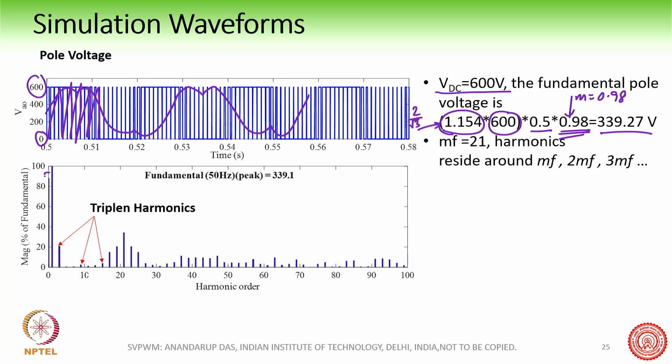Of course you have a DC, because you are switching between 0 and 600, so there is a DC of 300 volts. There is a fundamental, and you see there are triplen harmonics. These triplen harmonics are coming because we have added the common mode voltage, the triplen order harmonics that we have deliberately added to the modulating waveform.